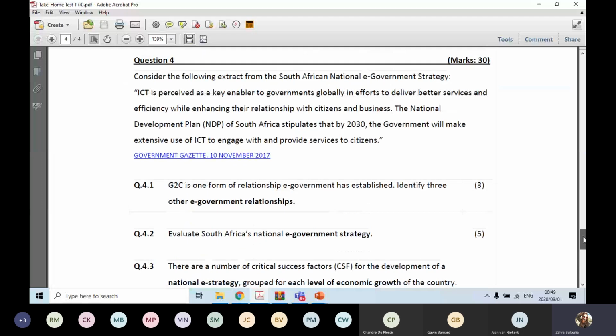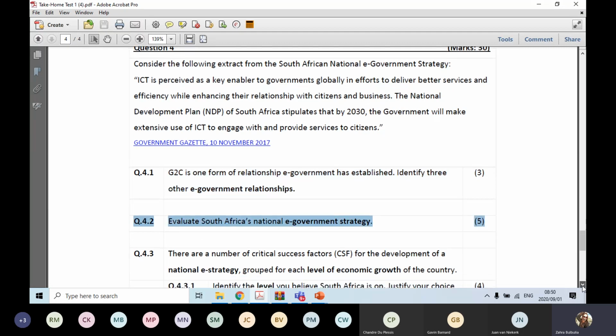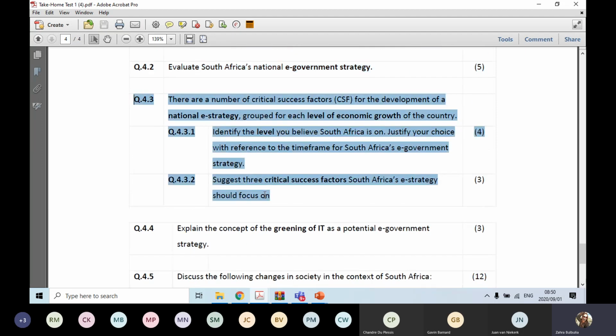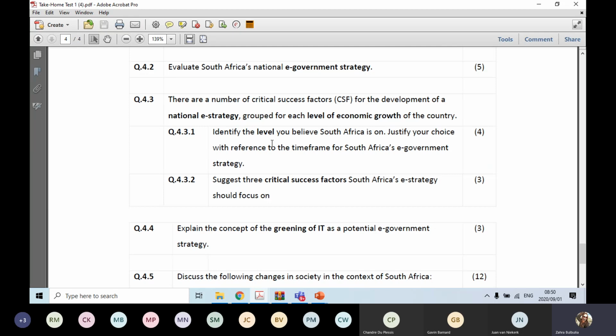government to government. So they talk about government to consumer as one form of relationship e-government has established. Identify 3 others. We spoke about that in the last lecture. Evaluate South Africa's national e-government strategy. We've spoken about that too. And we spoke about the critical success factors in the last lecture, of a national e-strategy grouped at each level of growth. Identify the level you believe South Africa is on.